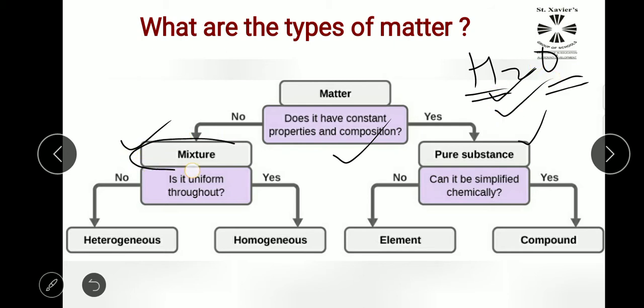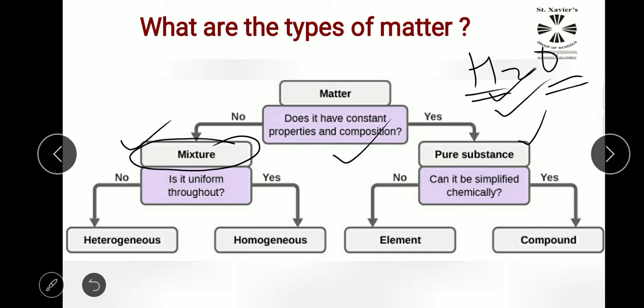When we talk about a mixture, I'll take the example of a fruit salad. In that fruit salad we can have one or another fruit more and a few less. We can have different compositions. So this is called a mixture, students.